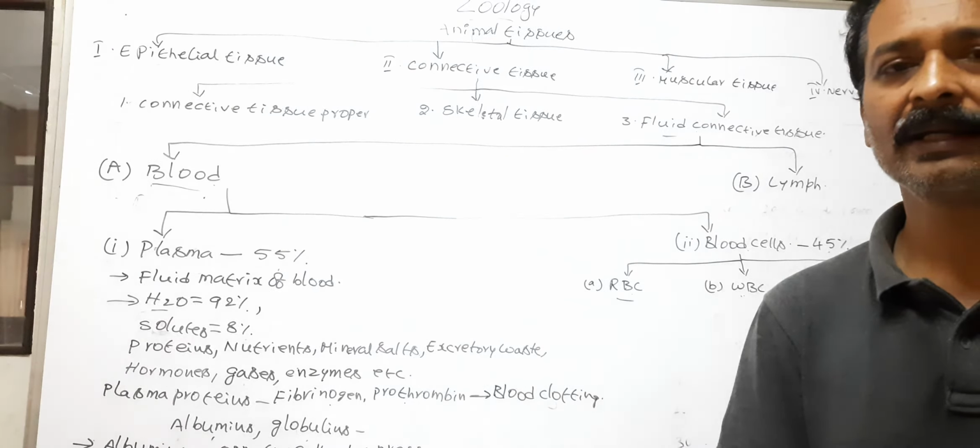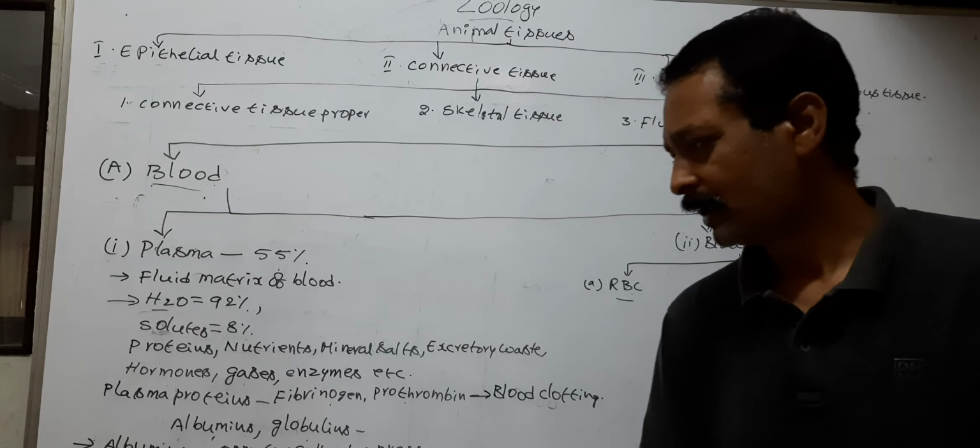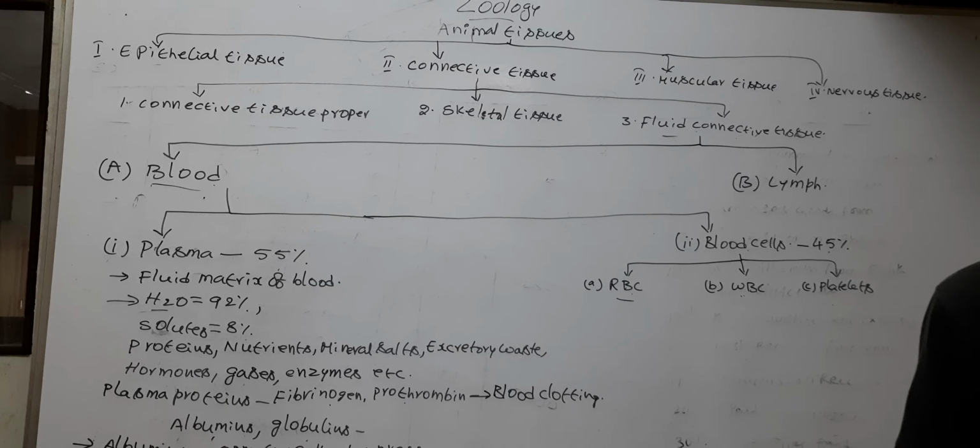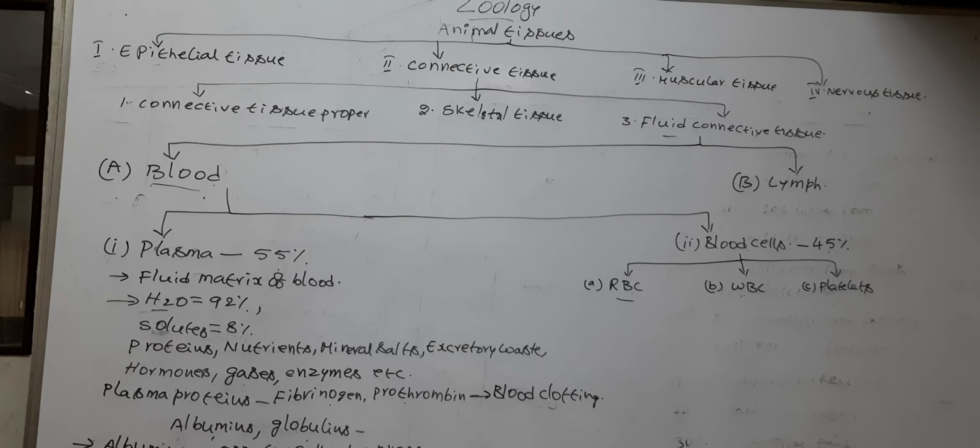Gamma globulins are antibodies. Antibodies kill the microorganisms which enter our body. So these are the plasma proteins.